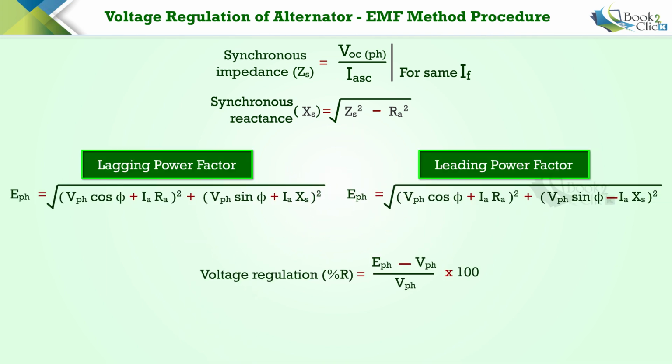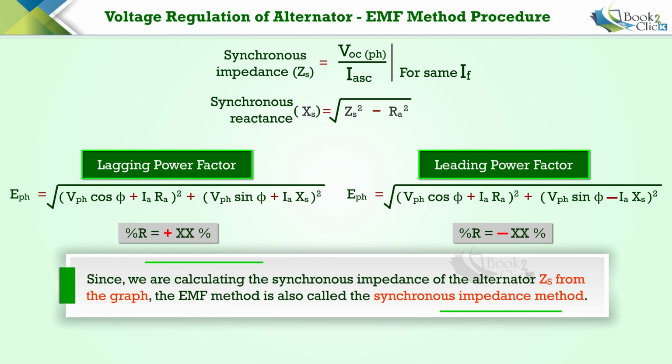The formula to calculate the EPH is shown on the screen. By substituting the value of each parameter in the formula for different power factors, you can get the respective values of EPH. By substituting the EPH values in the voltage regulation formula, you can get the voltage regulation values of the alternator under different power factor conditions.